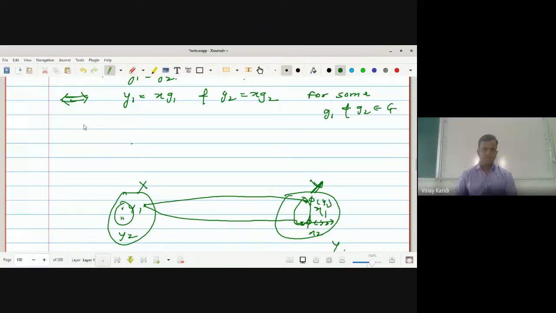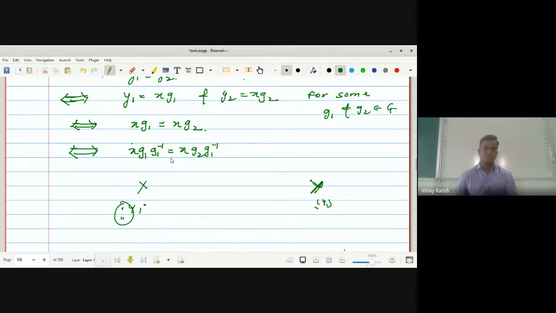हे दोन्ही कशात y1 is equal to y2. That means, that implies xg1 is equal to xg2. Okay, so that implies and implied xg1 g1 inverse is equal to x g2 g1 inverse. Is it correct? By post multiplying by g1 inverse to the both side. Okay, that implies and implied.